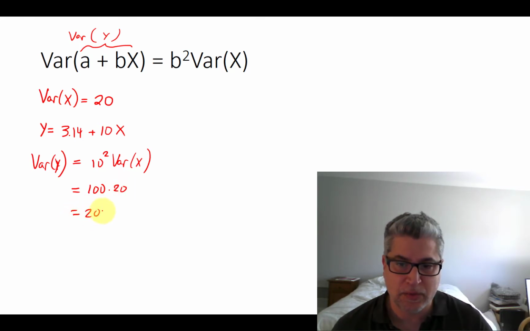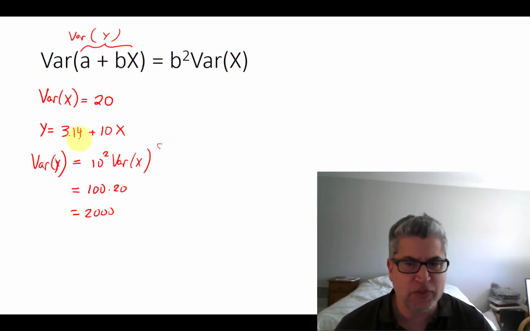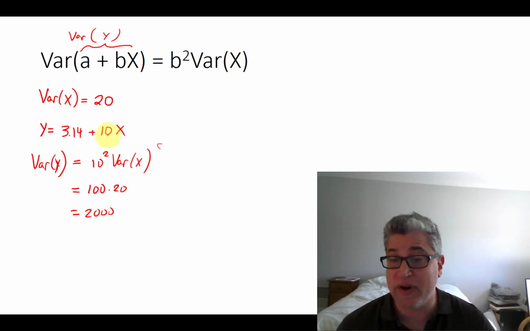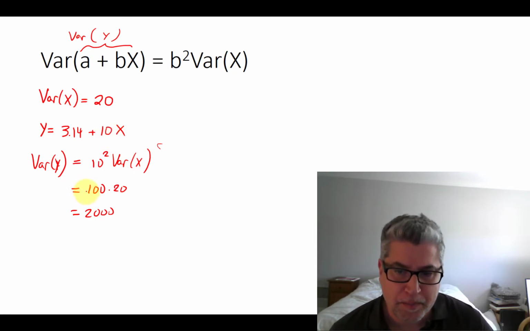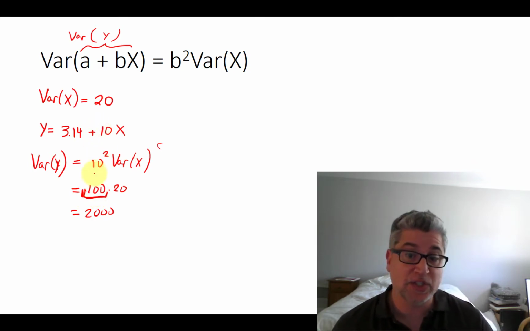So 2,000. Okay. We added stuff to it. We can ignore that. We scaled up our test scores, or whatever this x variable was, by 10. But that meant that our new variance is 100 times more. It was 10 squared more.